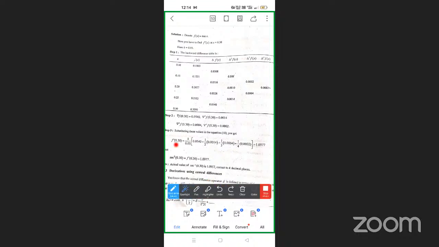The next formula, the first derivative formula: f dash of x at 0.3 equals 1 by h times nabla plus nabla square by 2 plus nabla cube by 3 plus nabla power 4 by 4.